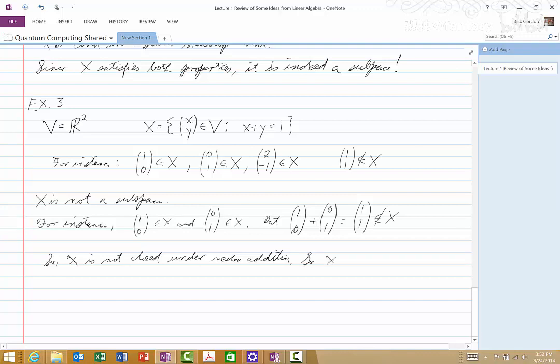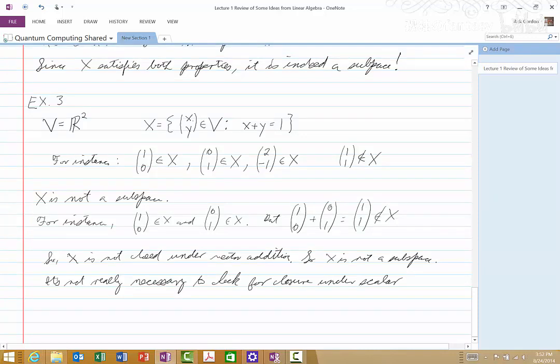So X is not a subspace. And as before, it is not really necessary to check for closure under scalar multiplication, but we will.